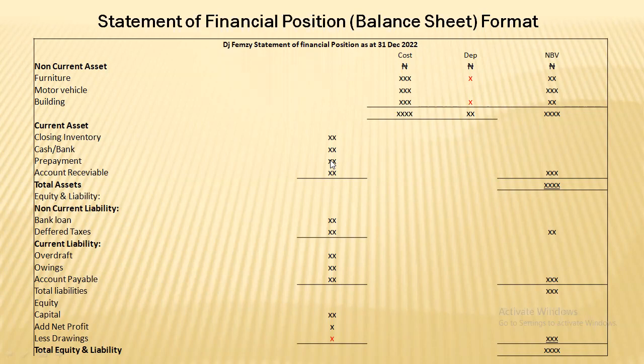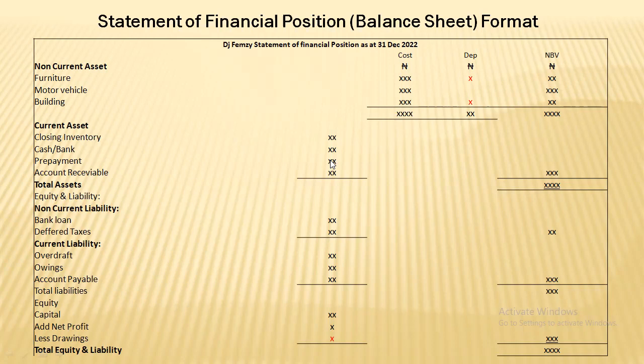They change frequently within a particular period. Like I said, if you watch the video on accounting equations, you'll be able to understand the meaning of current assets. So the current assets consist of our closing inventory, if we have cash or bank, prepayments, and account receivables.